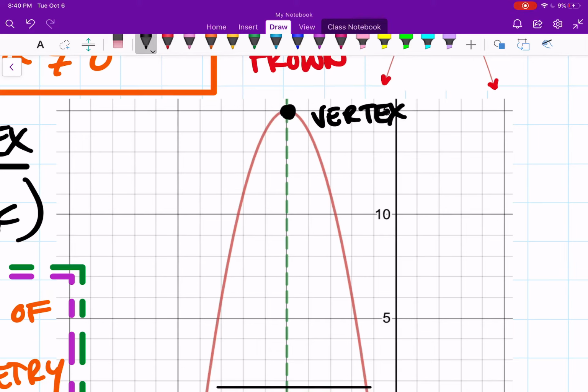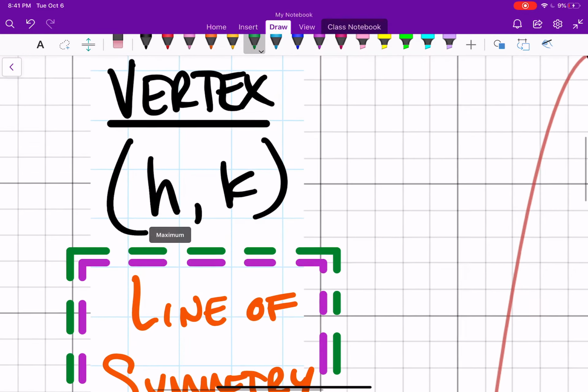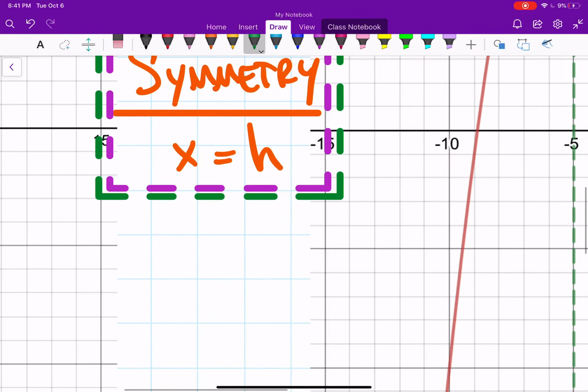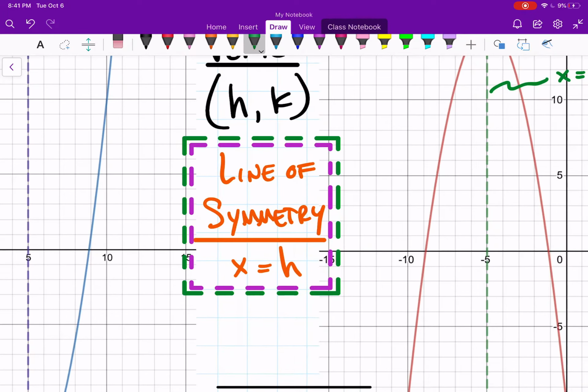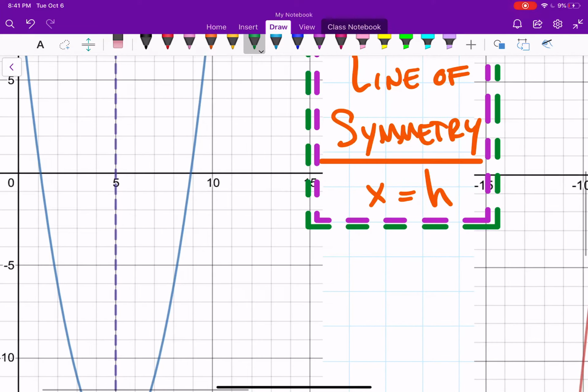If you think about what the equation of a vertical line is, it's usually x equals, right? It's usually the x value of that vertex, because a vertex is just a point. So the x is going to be the x value, which is the h, okay? And notice how I outlined this in purple and green dotted, because this is a purple line and this is a green line, okay?